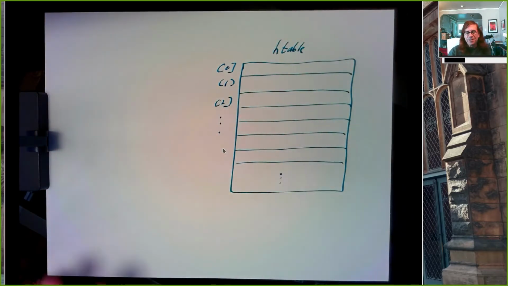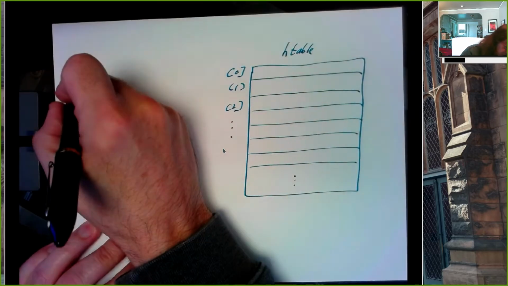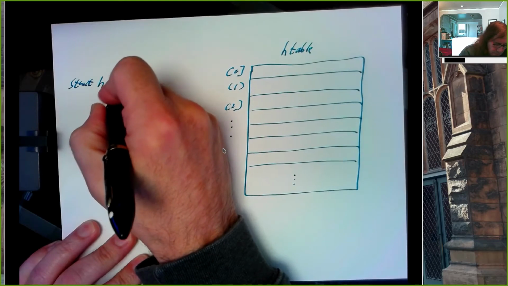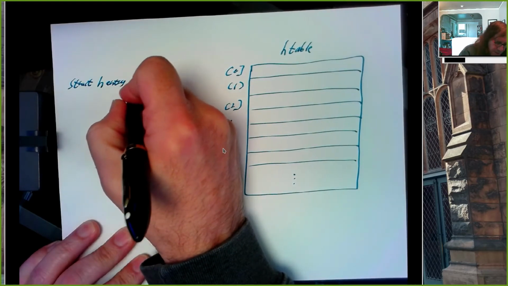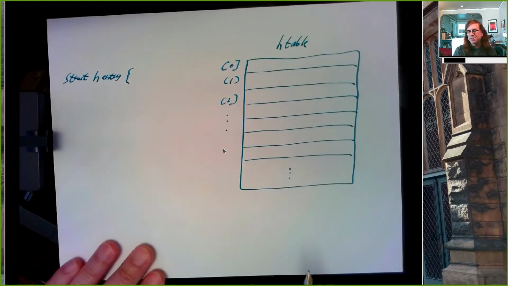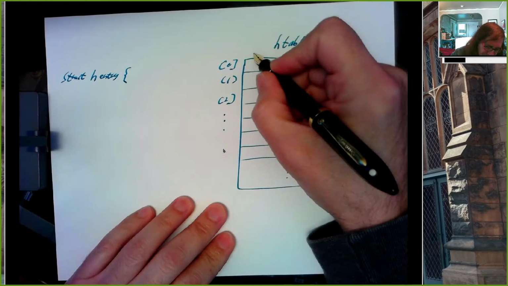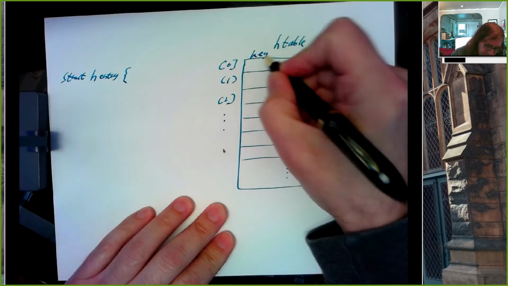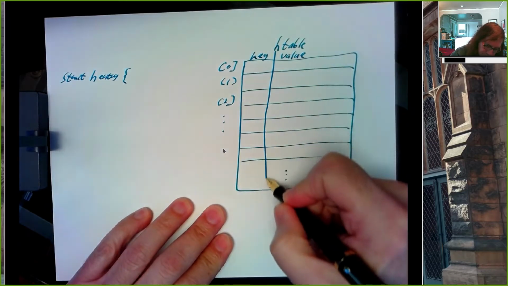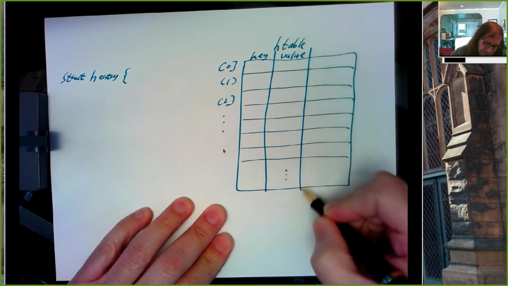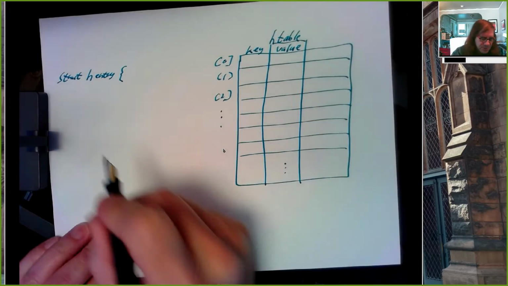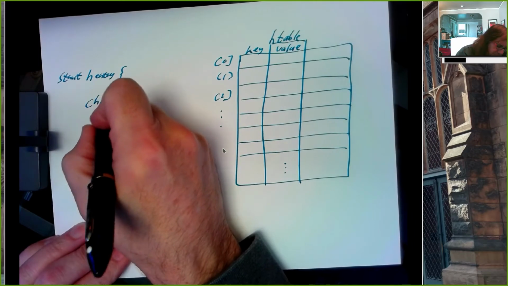And we need different things to be stored in this array, so let's make a structure. I'm just going to call it H entry for hash entry. And we know that we're going to store things in pairs. And these are usually called key and value. Well, at least usually today. So there's a key value pair. Let's just suppose they're strings. They can be pretty much anything.